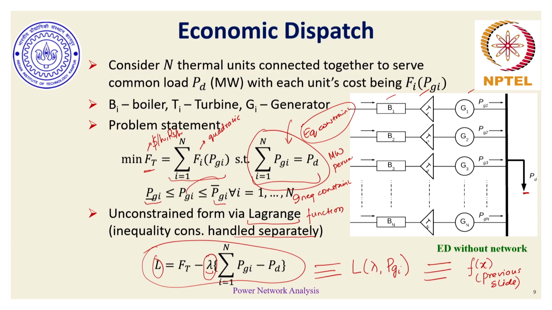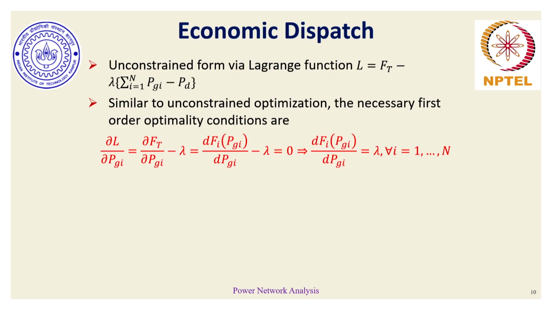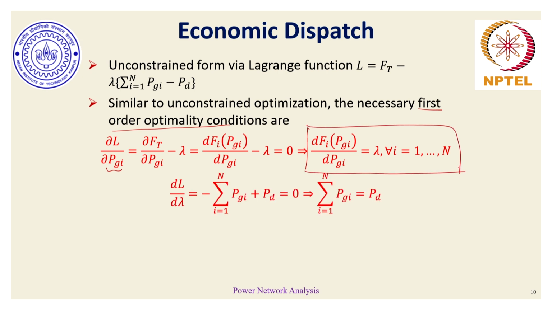The way we applied the first order condition there, similar logic can be applied here. If we do that, we come up with our first order optimality conditions. Since we have two sets of variables, the first derivative with respect to PGi gives us this equation here, and the second, with respect to lambda, gives us our usual power balance equation.